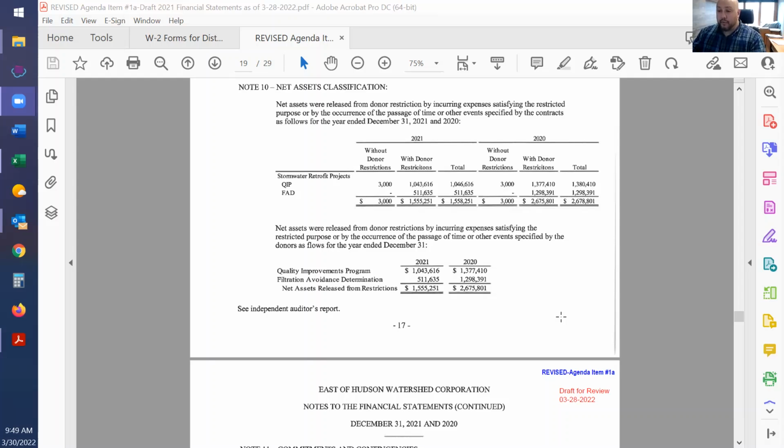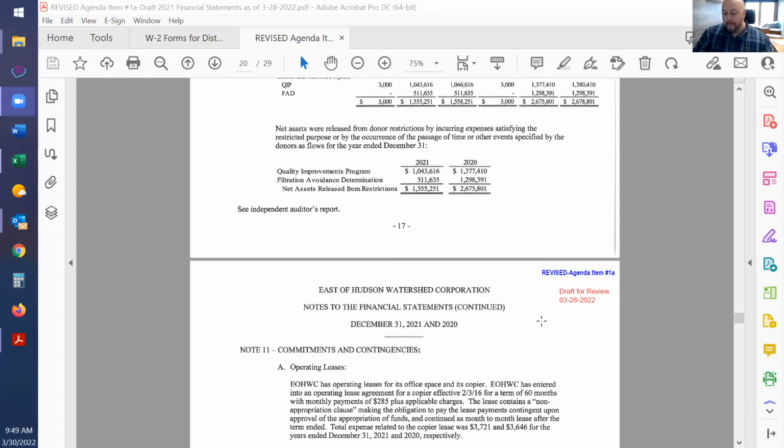Again, we're using them for the allowable costs. Therefore, we're releasing them from the restriction that they had and reporting them in each particular net asset category. Again, everything falls through the restricted anyway, but a required disclosure nonetheless.